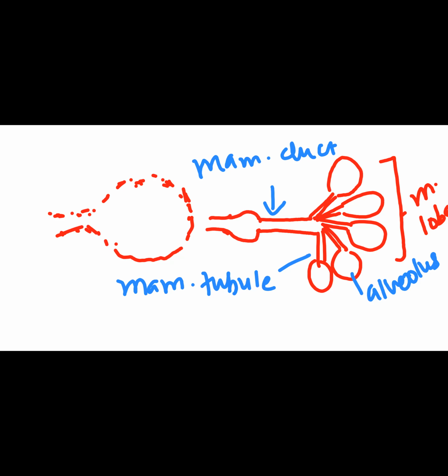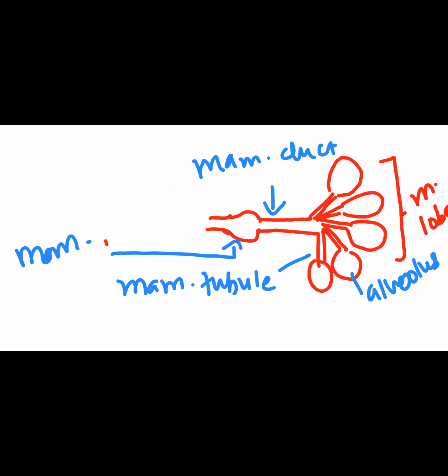Let me show you. This one is termed as mammary ampulla. The enlarged structure of the mammary duct is called mammary ampulla.